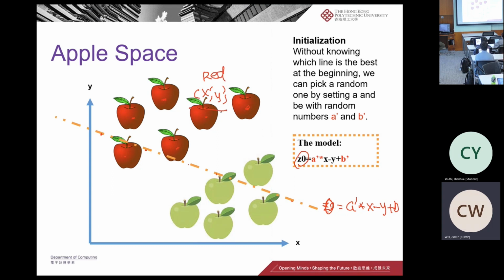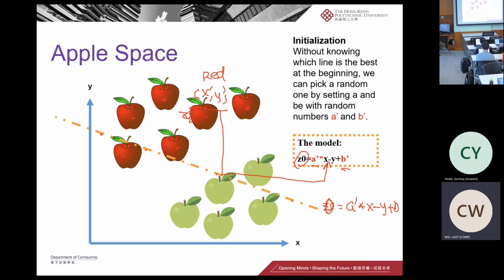In that case, we can substitute this into this formula to find out what z0 will be, because we already have the a prime and b prime selected. By substituting x prime and y prime into x and y respectively, we can calculate z0.